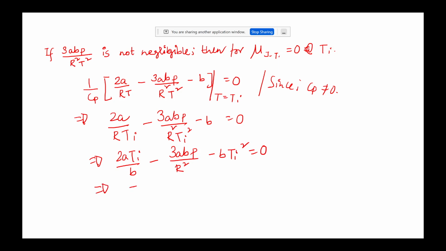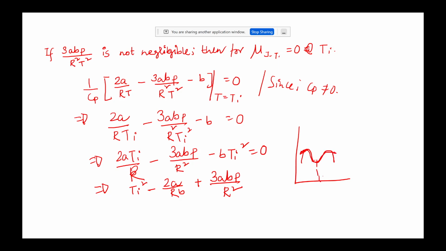And this can be written as Ti square minus 2a by Rb Ti plus 3ap by r square equal to 0. This has a minimum, and the minimum is at 2a by Rb.